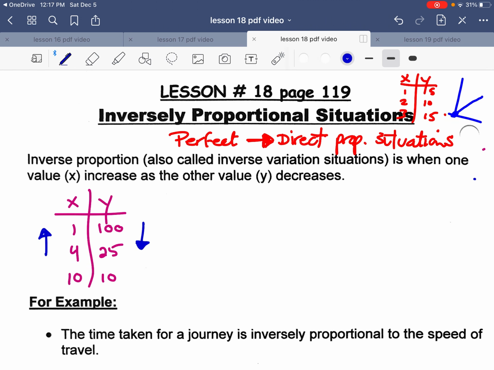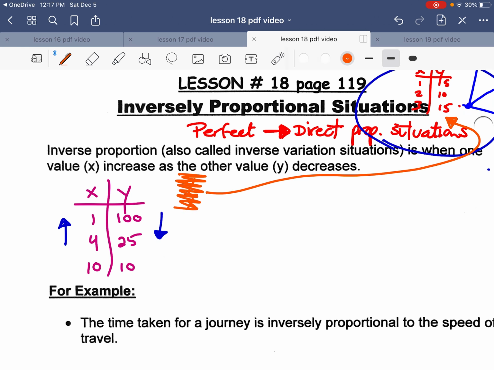This one does not work for an inverse proportion. But my trick here is now called the product of x and y. That means x times y. If you look at this one, every single time you multiply the x and y, it gives you 100. Nothing to do with the zeros.